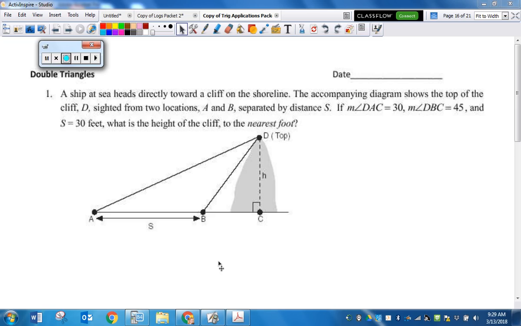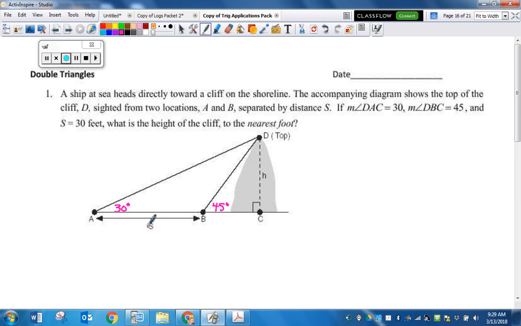So, this one says a ship at sea heads directly towards a cliff on the shoreline. The accompanying diagram shows the top of the cliff at D, so the top of my cliff is here at D, sighted from two locations, from A and from B. You can sight the top of the cliff, separated by a distance of S, so here's a distance of S, and then they tell you that the measure of DAC is 30 degrees, and the measure of DBC is 45 degrees.